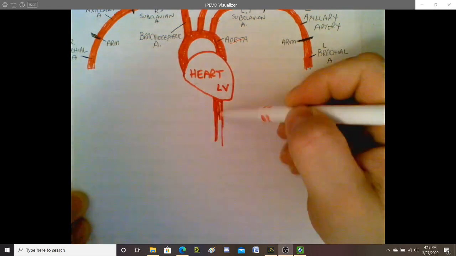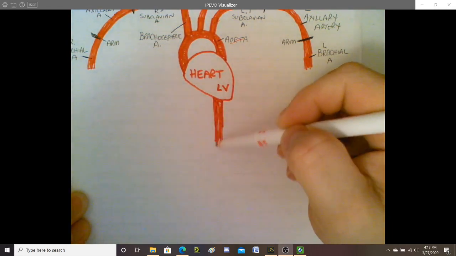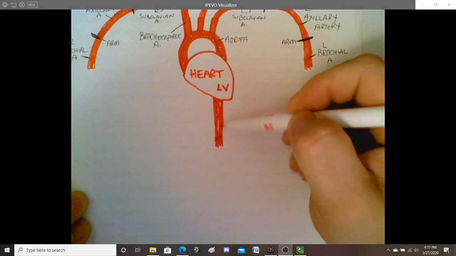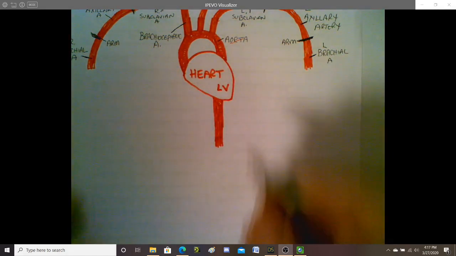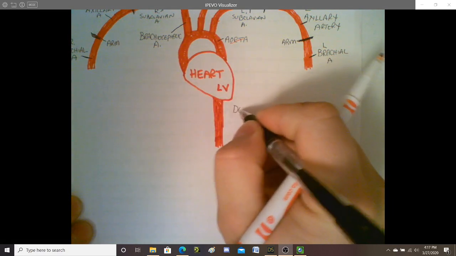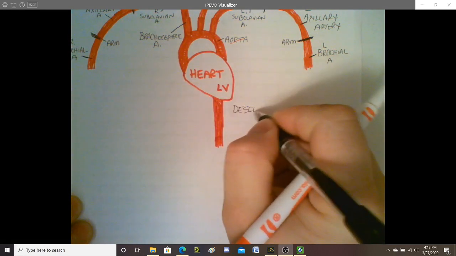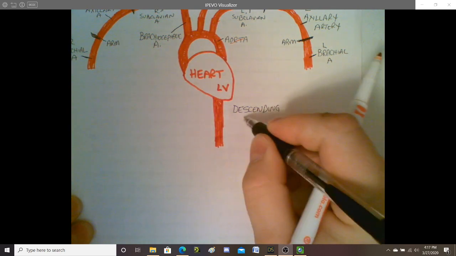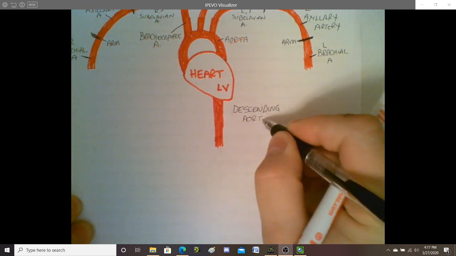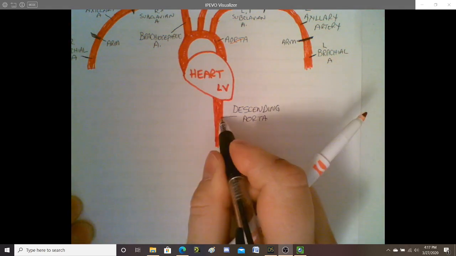Now, this aorta that is moving down our body into our abdomen is called the descending aorta. So I'm going to label this descending aorta.